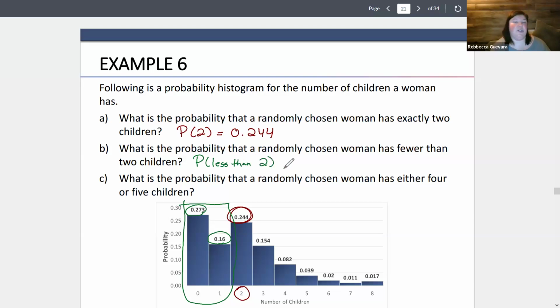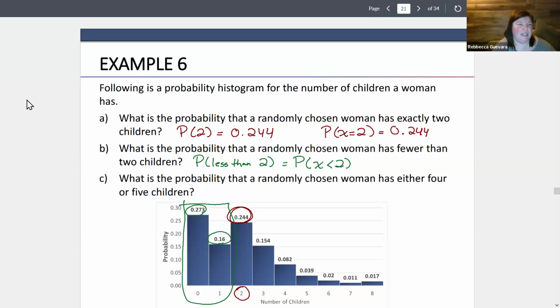This is a case where we start using random variables. Instead of saying less than 2, I might write x, where X is my random variable, x is less than 2. Or up here, instead of writing just 2, I might say x is equal to 2, and that probability is this.